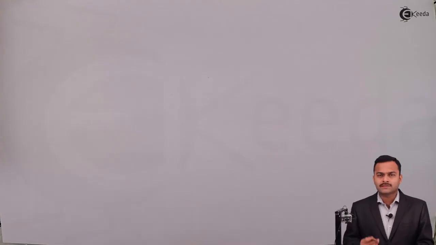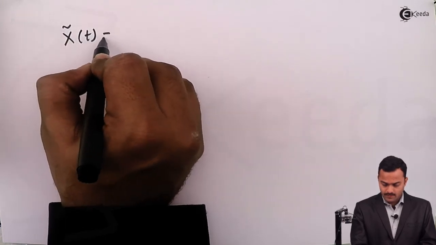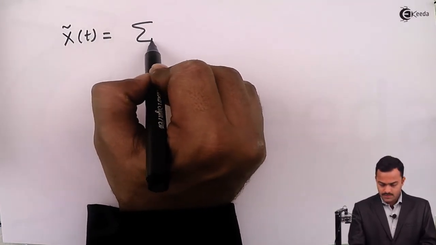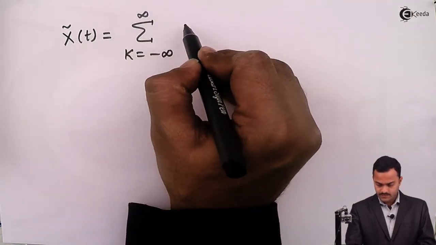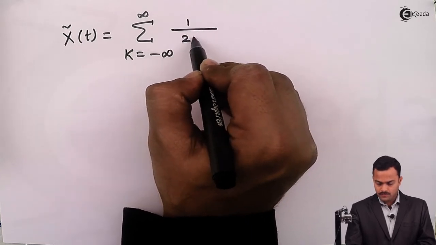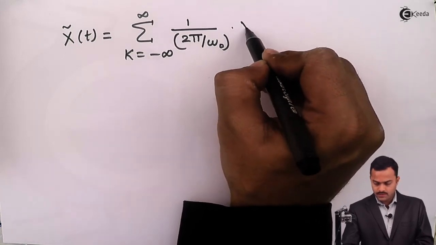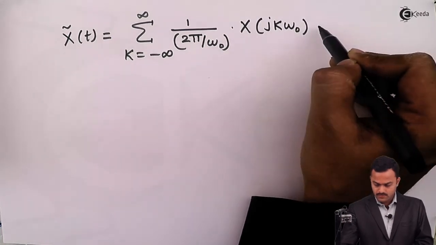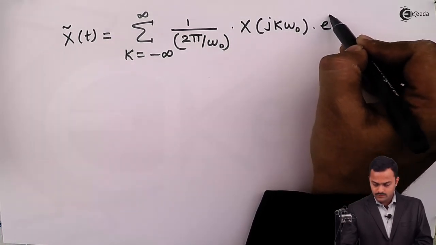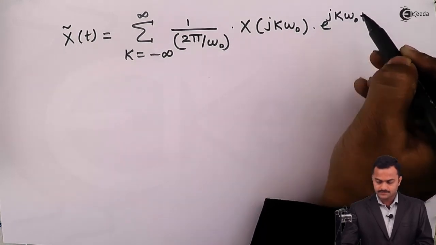So after substituting the value of T as 2 pi by omega 0, I get x bar t as the summation over k from minus infinity to plus infinity of 1 upon 2 pi by omega 0 into X of j k omega 0 into e raised to j k omega 0 t.